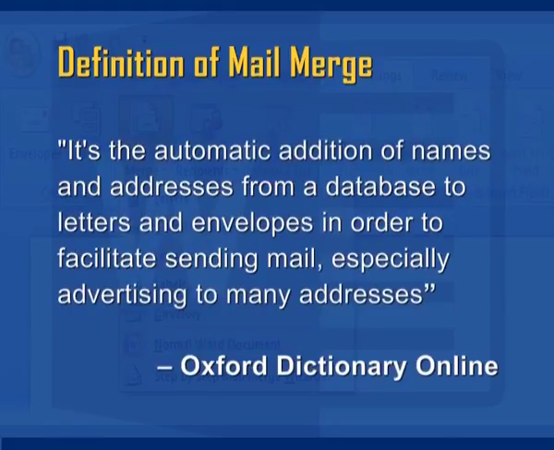According to Oxford Dictionary Online, it is the automatic addition of names and addresses from a database to letters and envelopes in order to facilitate sending mail, especially advertising, to many addresses. So, today we will learn how to use mail merge.